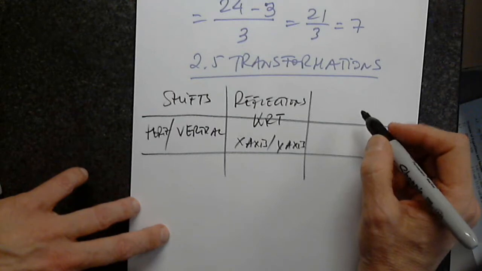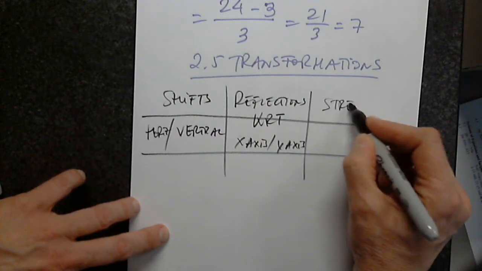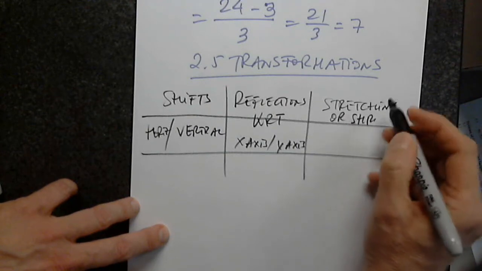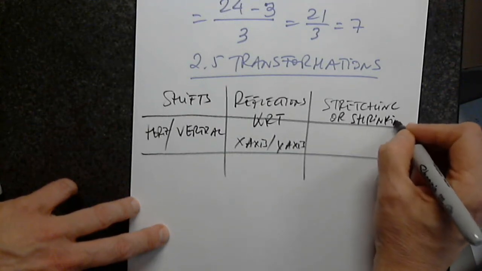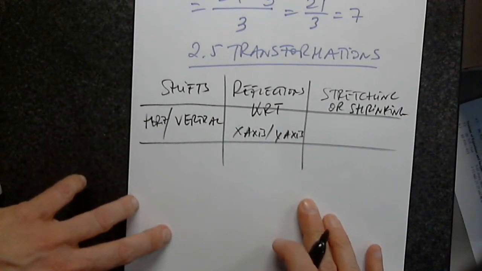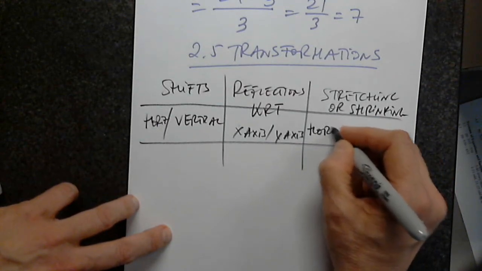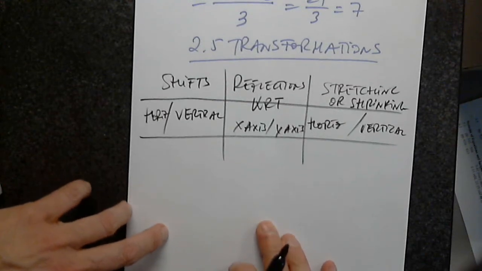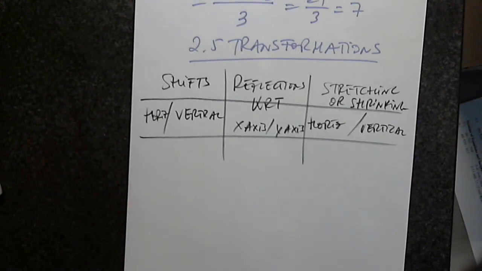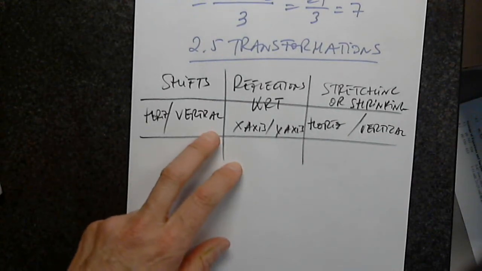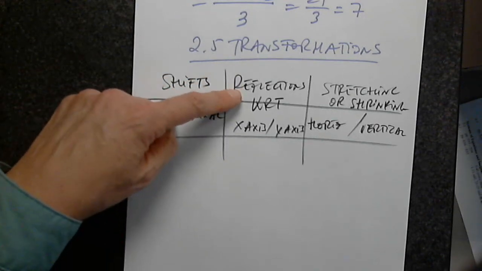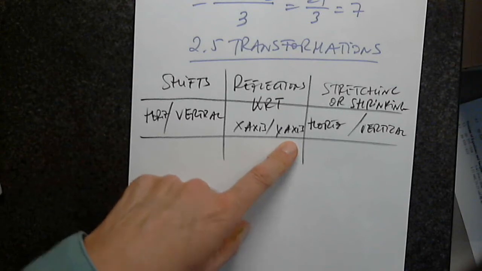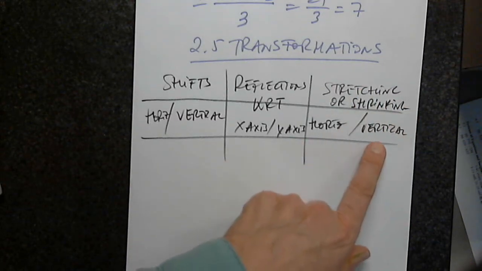And the last one is stretching or shrinking, of 2 types, horizontal and vertical. So one more time: shifts, horizontal, vertical. Reflections with respect to the x-axis or with respect to the y-axis. Stretching or shrinking, horizontal or vertical.